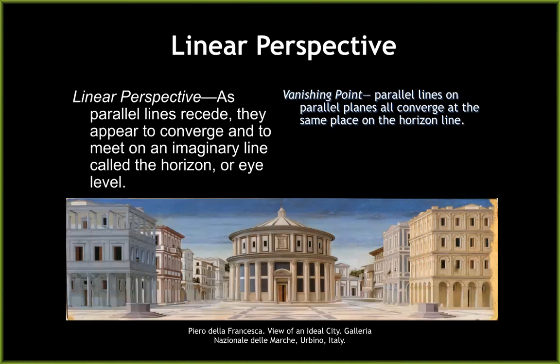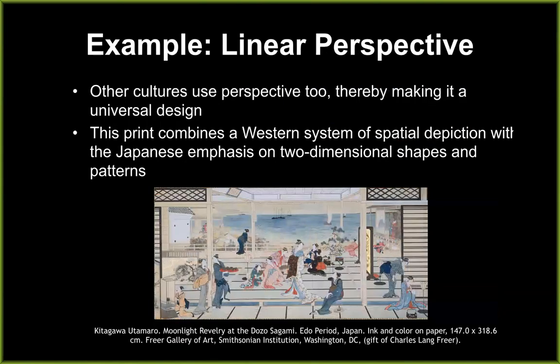Now, you can use linear perspective in a very formal way, like the painting that we just saw and this ink and color painting that's from Japan. There's a couple of things going on here.